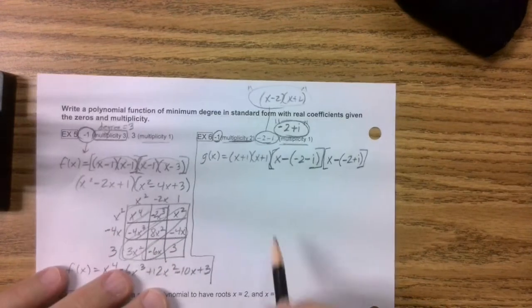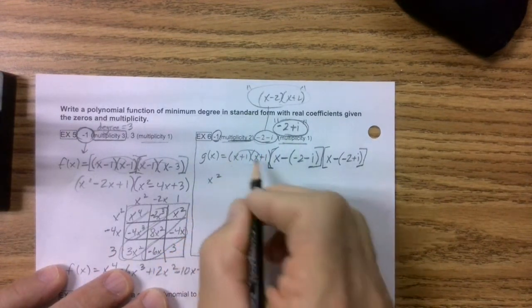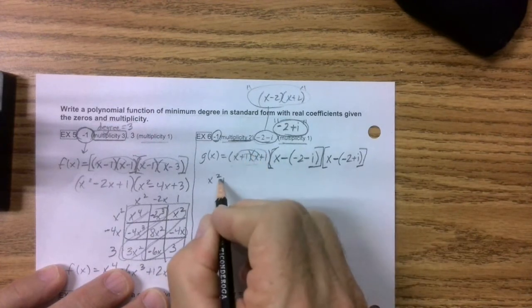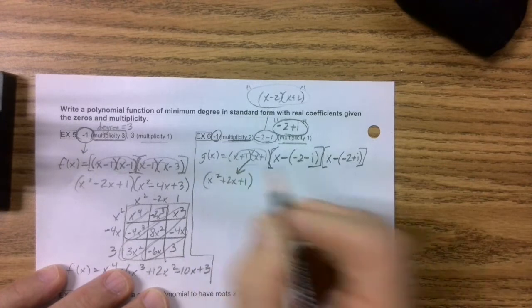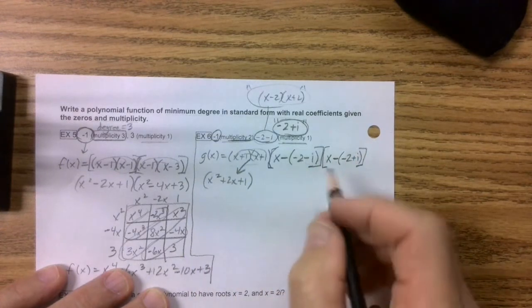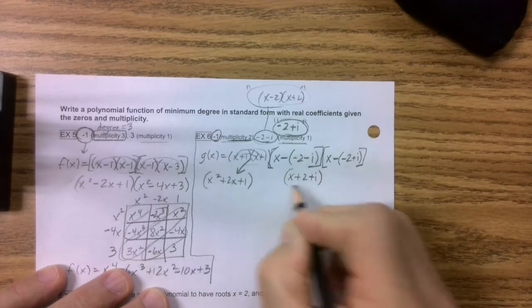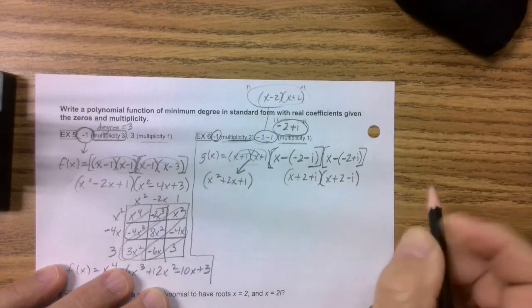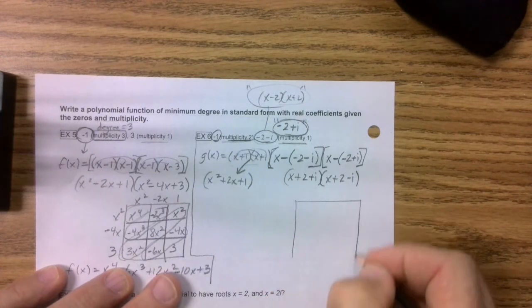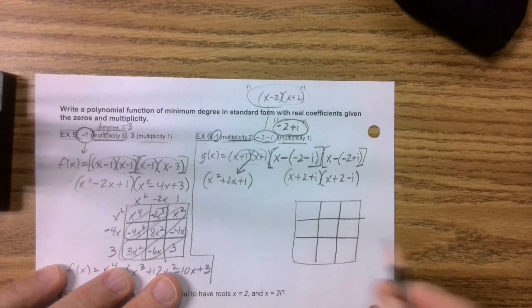Let's start with the easy part, this. So FOIL it out. X squared outside inside would be 2x plus 1. All right, so that's from that. Now for this. This would be x plus 2 plus i. This would be x plus 2 minus i. And I am all about these 3 by 3 boxes when I get these bigger ones.